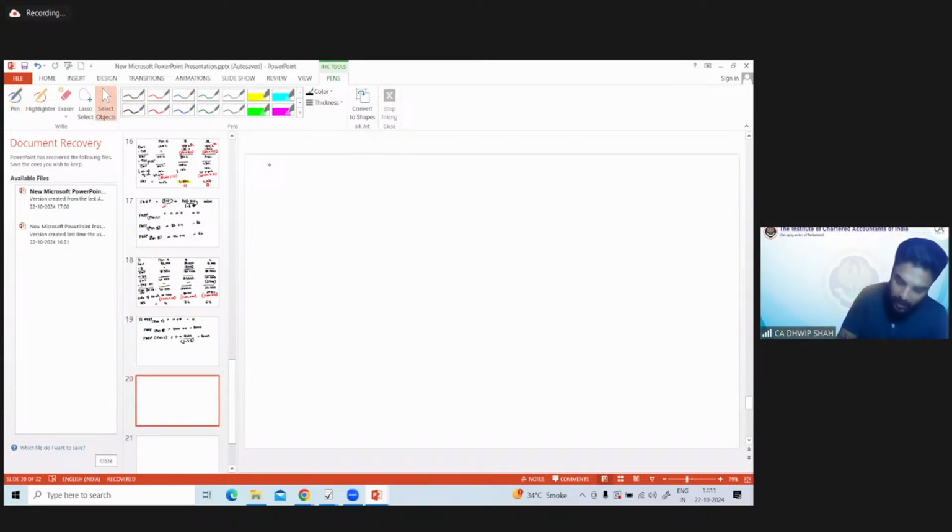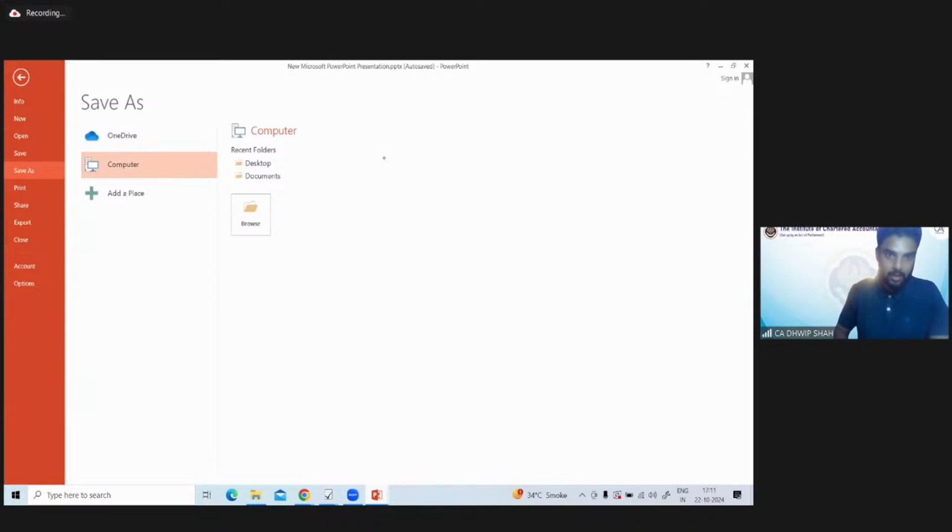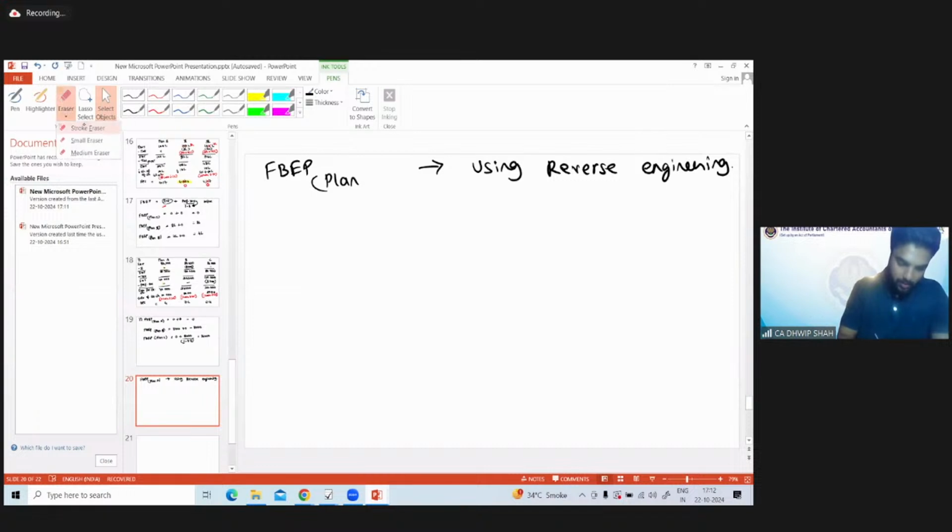Let's calculate financial break-even point for plan A, but using reverse engineering. Okay, not for plan A alone, but for all the plans. We can calculate simultaneously only. Let me just save this first. So let's calculate financial break-even point using reverse engineering.